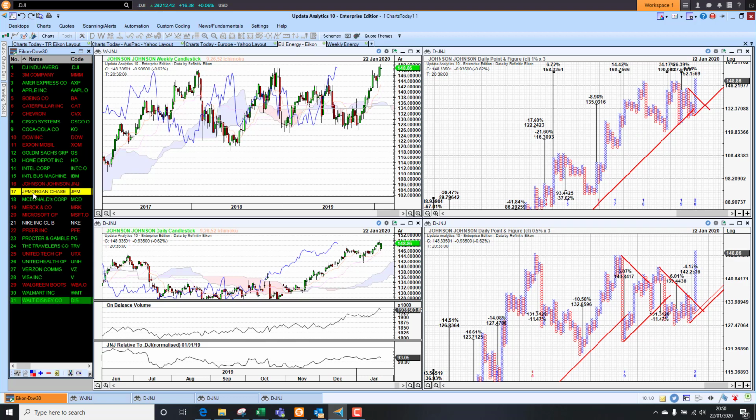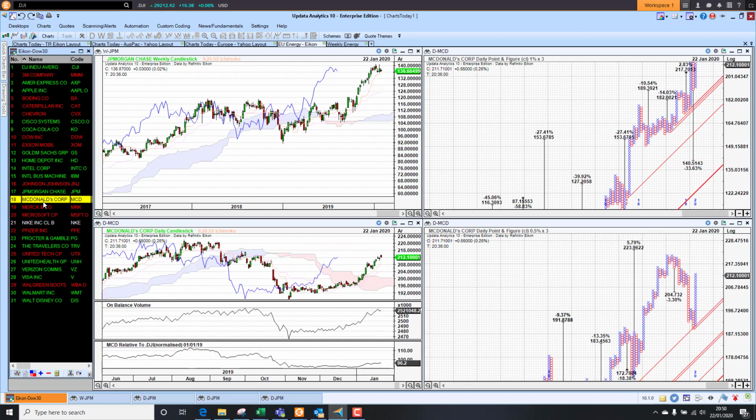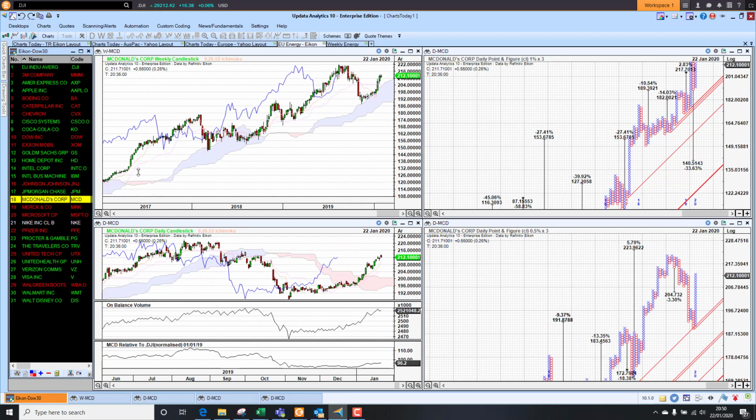JPMorgan Chase, looking at them, they're looking pretty good too, breaking to new highs, bullish on both charts there, good upside targets. They make the top 10. McDonald's, and if we look at McDonald's, we see here that we are not quite breaking. We're just breaking out there, but we do have this downside target hanging over us, just not quite performing, and that volume trend just not breaking to new highs either.